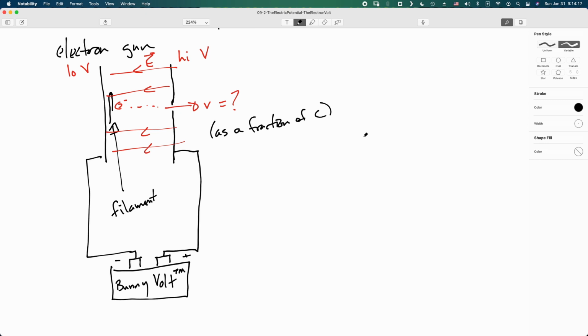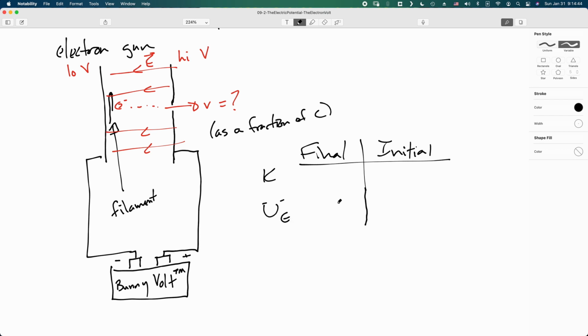So you can do this by energy conservation. You can go ahead and make yourself a little table like we were before. So final, initial, and so we can write down kinetic and electric potential energy.